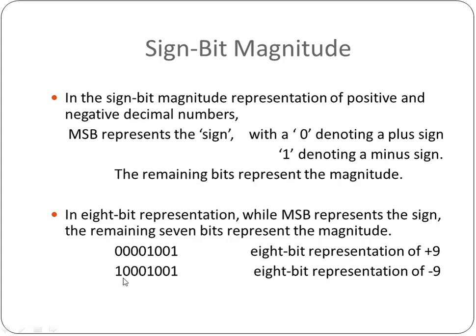While here, 7 bits show magnitude and MSB shows sign. So 1 is here, so the number is negative, and the remaining bits are 8 plus 1, that is 9. So plus 9 and minus 9 are represented with MSB 0 and MSB 1.